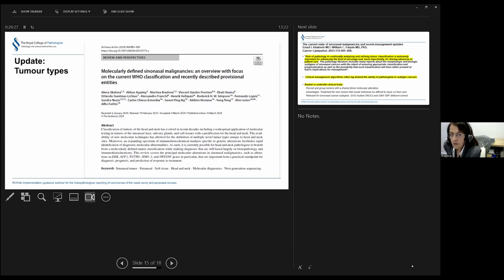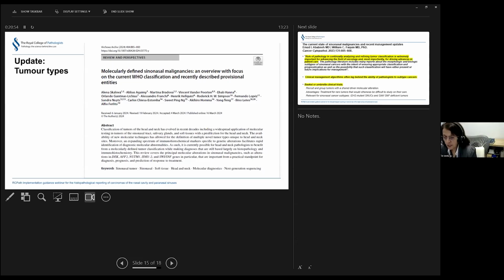Okay, so this slide is again based on the molecularly defined sinonasal malignancies. So Skalova and team have indicated that you can have immunohistochemical markers for the specific genetic alterations for tumors such as DEK-AFF2 fusion carcinomas, the NUT carcinoma, the IDH2 mutated carcinomas, and the SWI/SNF deficient carcinomas.